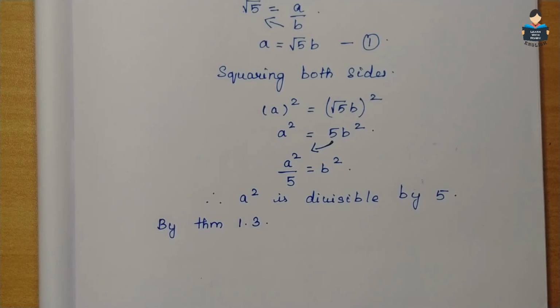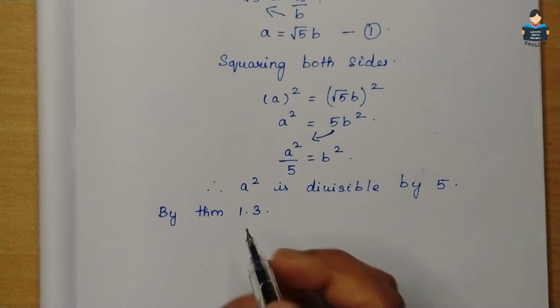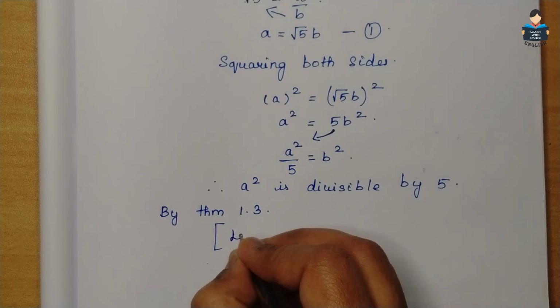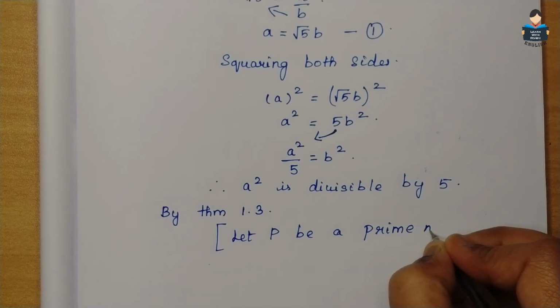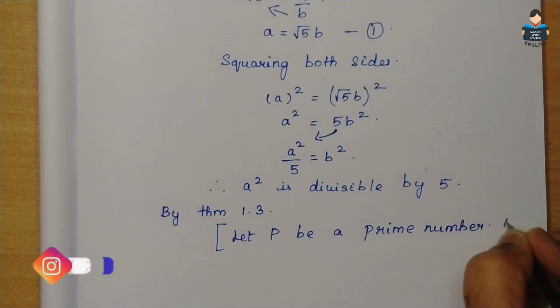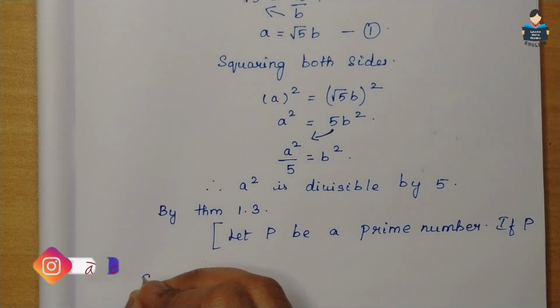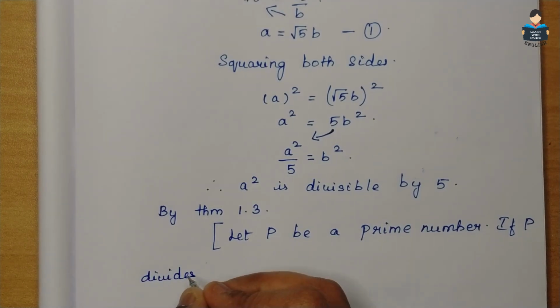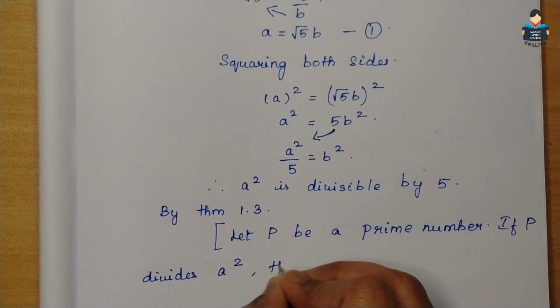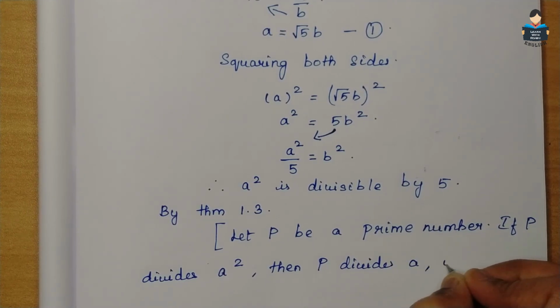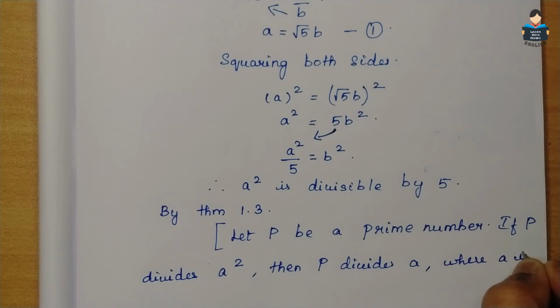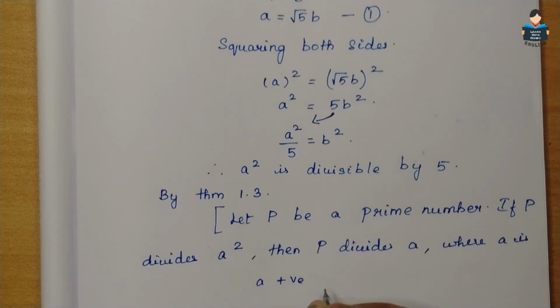If P divides A square, then P divides A, where A is a positive integer. So here we have to write the theorem.